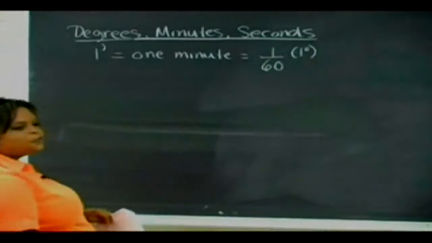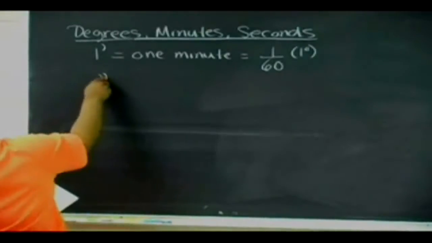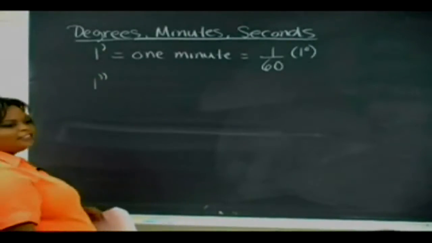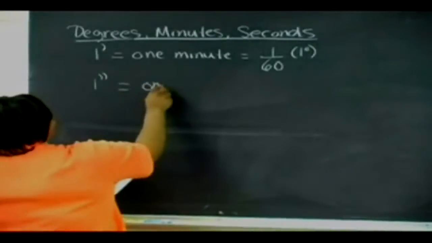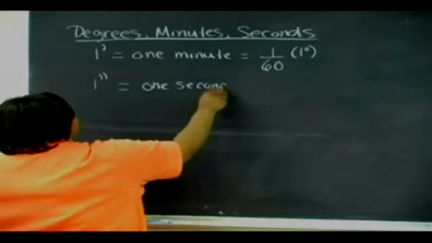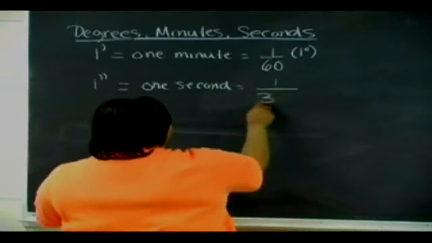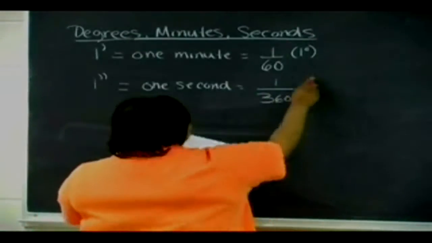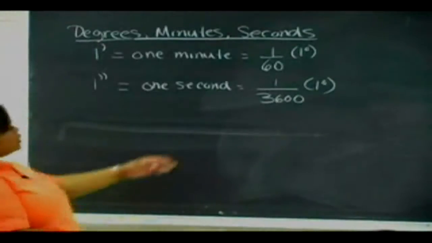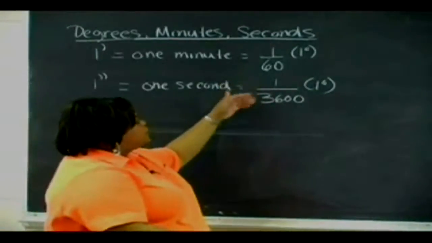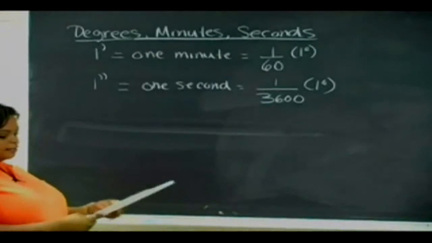The quotation marks, I remember that one. If you have one in quotation marks, this represents 1 second, and the equivalence here is 1/3600 of a degree. So we're going to use these equivalences to convert to degrees, minutes, seconds.